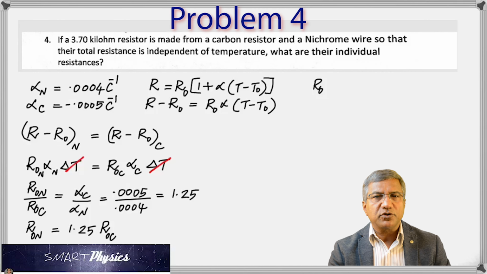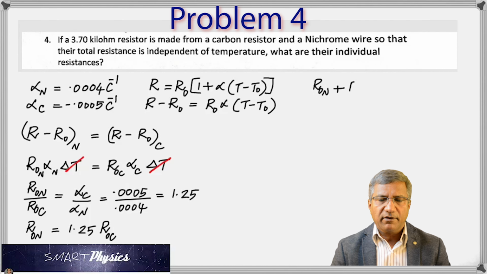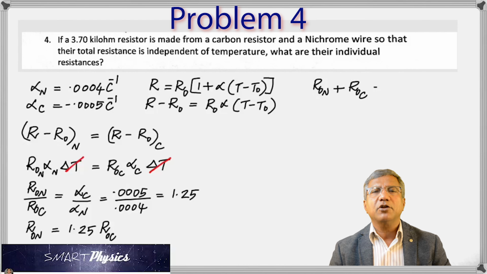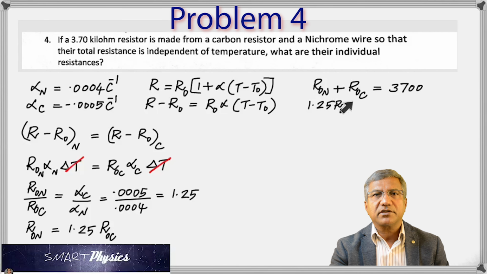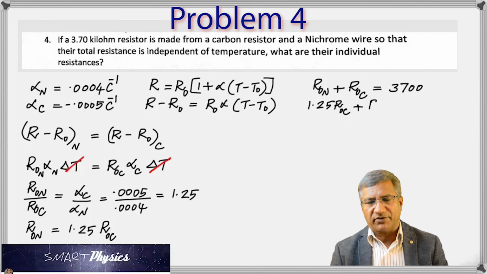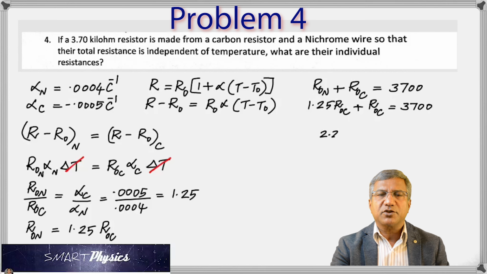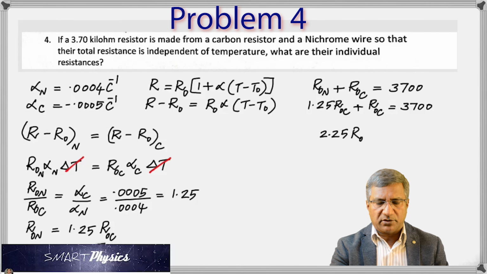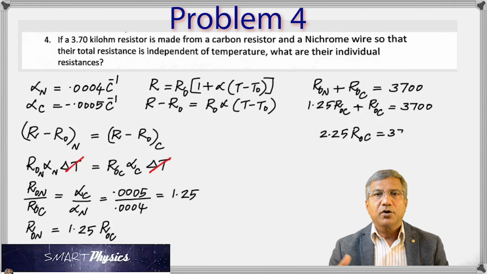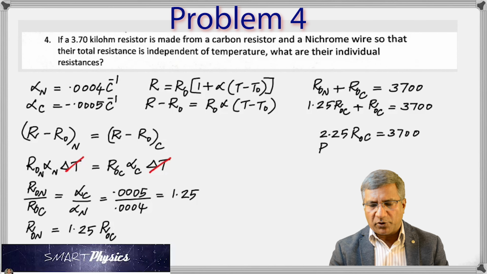And now we can use what we already know, that their total resistance must be 3.7 kilo ohms, which is 3,700 ohms. So the sum of the resistance must be 3,700. And then I substitute the resistance of nichrome as 1.25 times the resistance of carbon, and 1.25 plus 1 is 2.25.